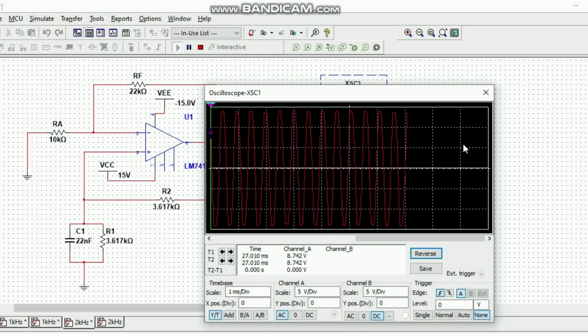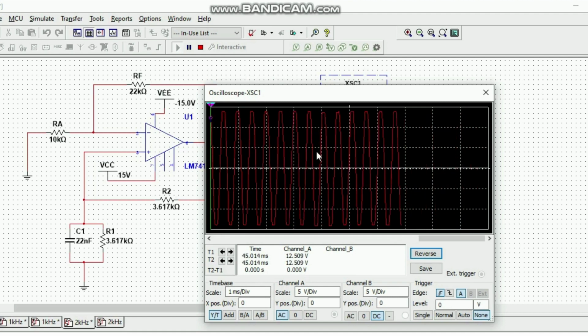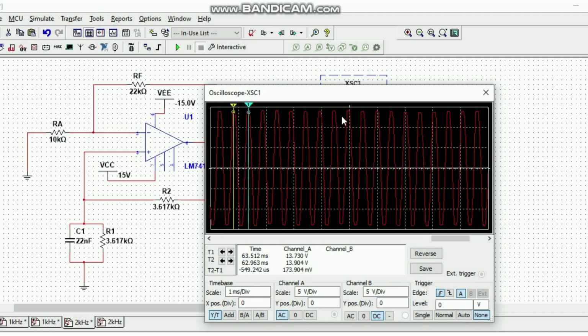The output waveform is distorted and is not a perfect sine wave. The period of this circuit is about 549.242 microseconds, and when we use it to calculate frequency, we get 1820 Hz, which is very near to 2 kHz.